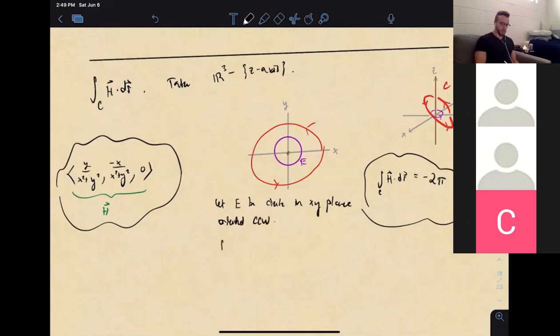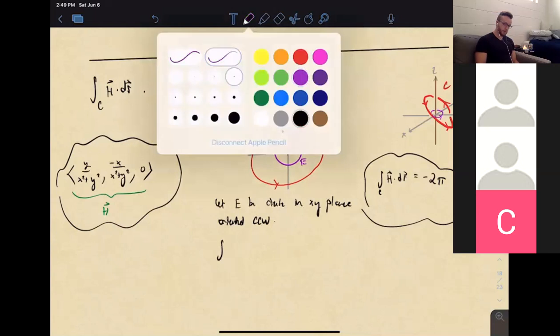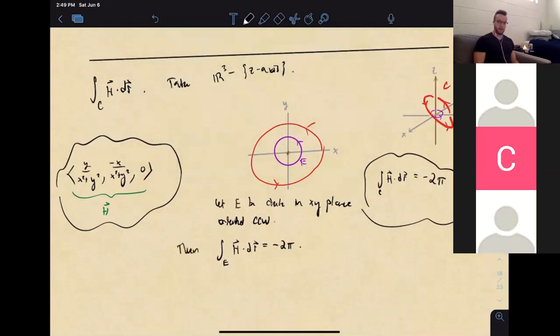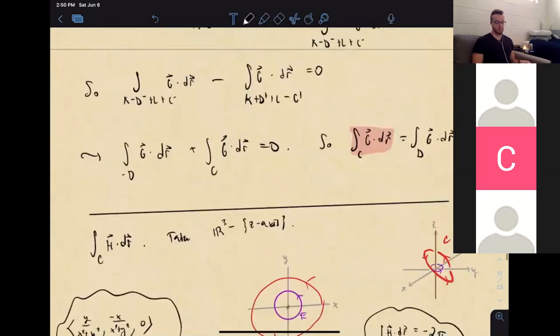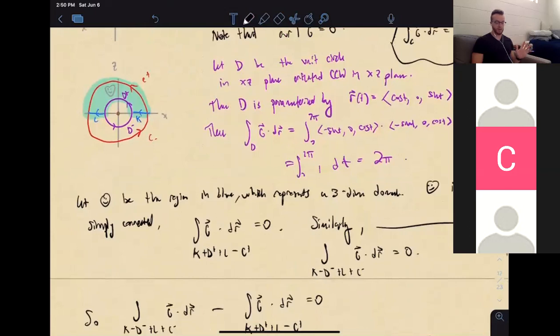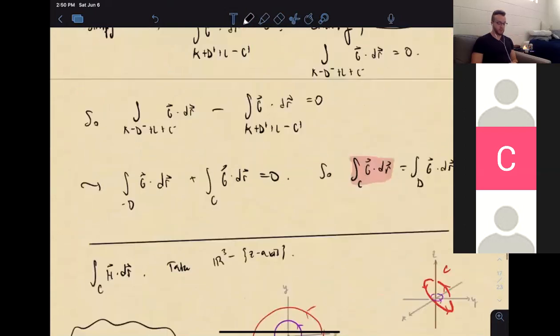Okay. By almost an identical computation, we could, whoops, need an arrow here. You could compute that the integral of H over E is negative 2 pi. Just for the sake of moving on, I won't include that computation, but it would be exactly the same as what I did up here in purple. You just parameterize the circle, you know how to do that, and it's going to give you negative 2 pi because of this extra negative sign.